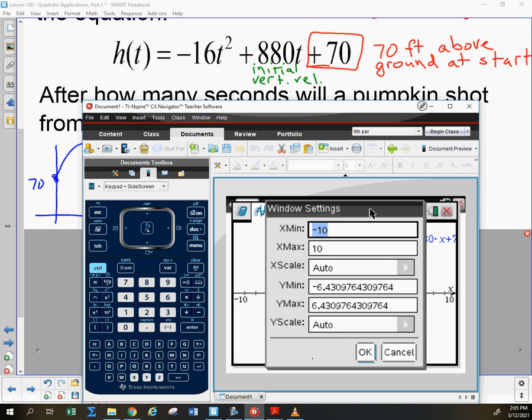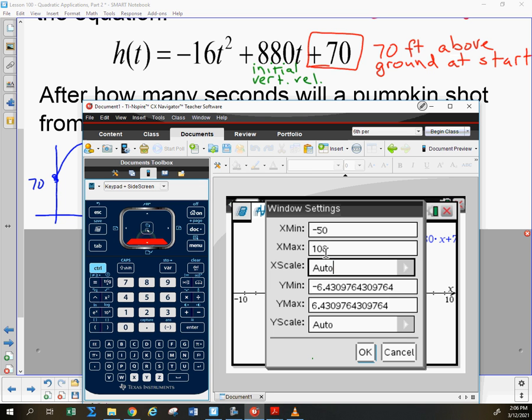So let's put in for our X minimum, just so that we have some room to work with over there if we need it, let's change that maybe to negative 50. And then my X maximum, let's put maybe 100 in that one. Don't worry about X scale, just leave that as auto.